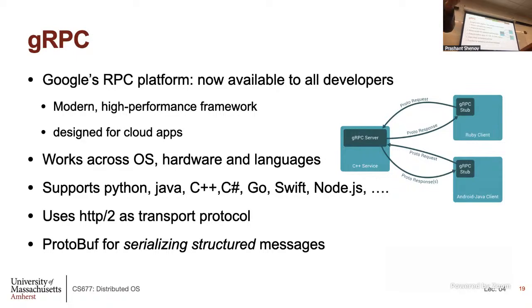You send an integer, maybe a Java process sent it, and a Python process has to reconstruct it. So you need a hardware and language independent way to pass data back and forth. In the gRPC world that is called a protocol buffer, which allows you to construct these data structures and pass them around without having to worry about the hardware or the language that's going to interpret it. Think of it as the XDR type format in the gRPC world that's also language independent.